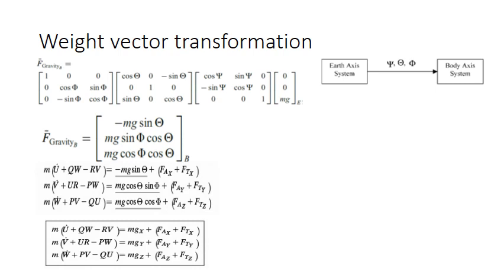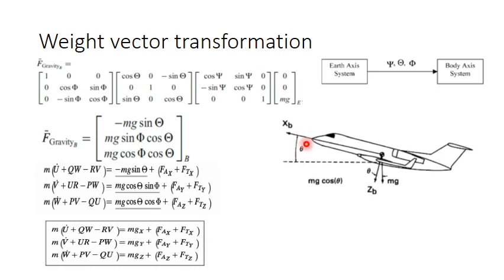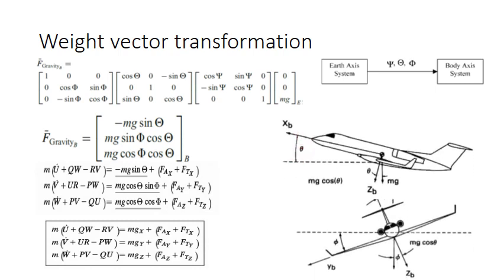So the effective rotations were the second and third rotations only, by pitch angle theta and roll angle phi respectively. That's why we don't see a psi angle in the final gravity vector after transformation into the body axis.